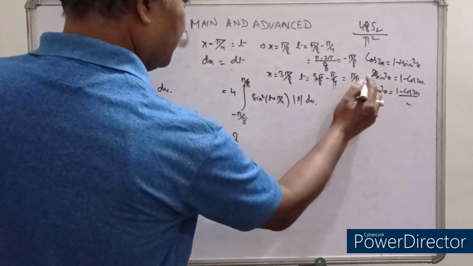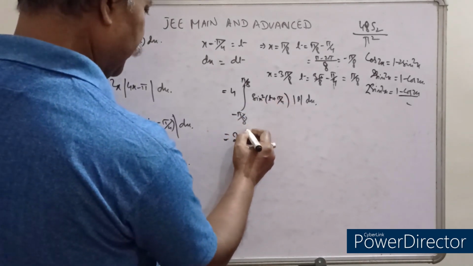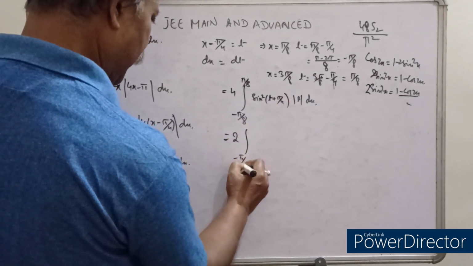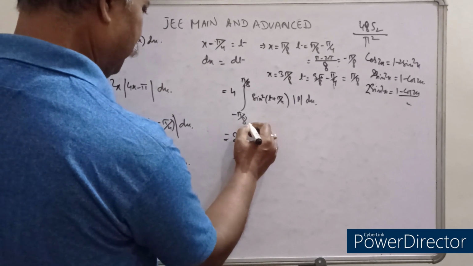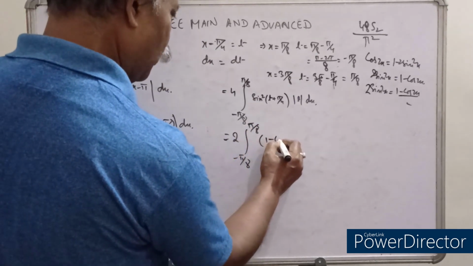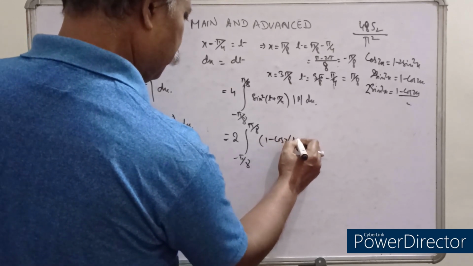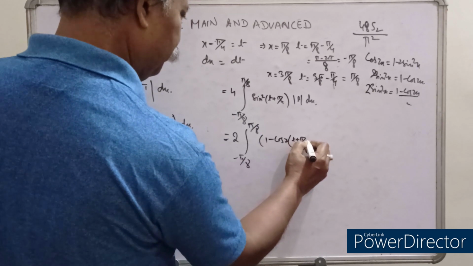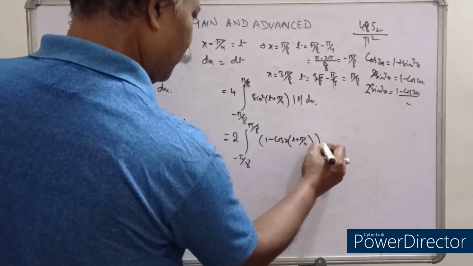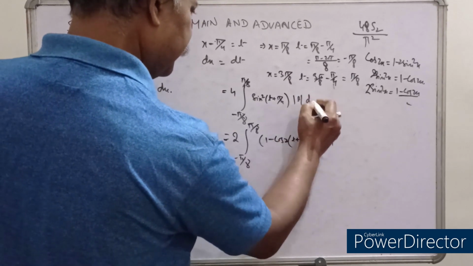So 2 sine square x will be converted into minus pi by 8 to pi by 8. Here we can write it as 1 minus cos 2 bracket t plus pi by 4, and now modulus t. This is dx, this is dt.